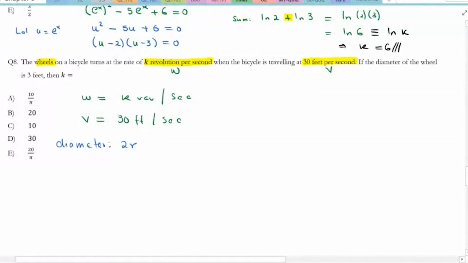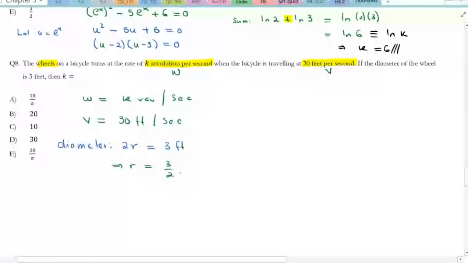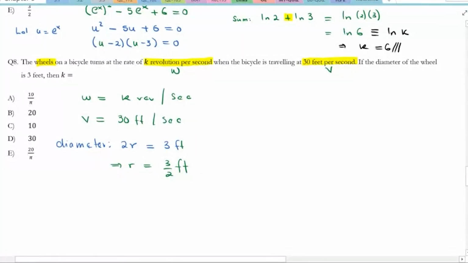Diameter is 2r, right? And the diameter is equal to 3 feet. And what does it mean? It means the radius will be equal to 3 over 2 feet. Now we have all the information we are looking for. Then the question says, what is going to be the k?